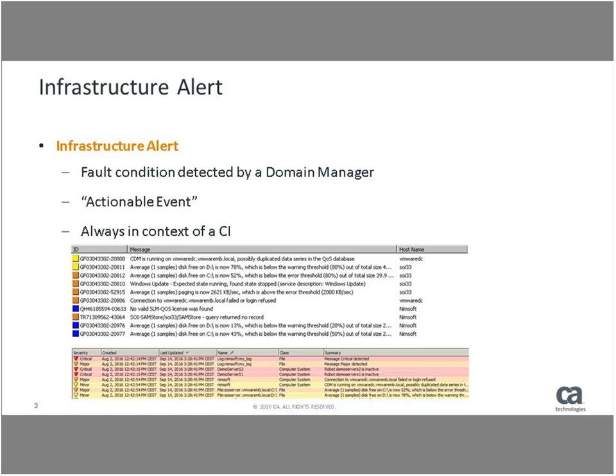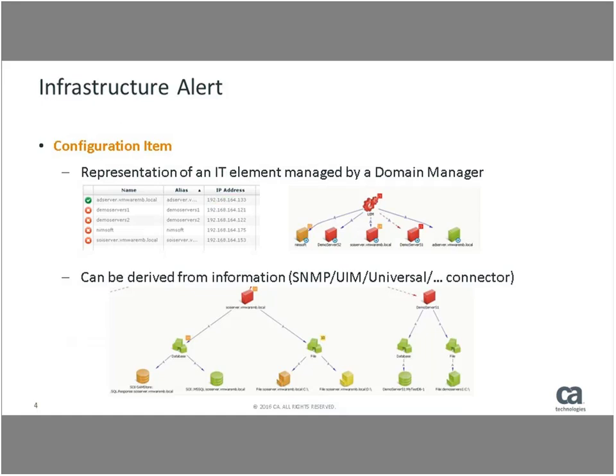But what is a CI really? And this is what I try to explain here. For most domain managers, for most monitoring tools, a CI is something like a device, some physical hardware, a server, a switch, a router, some network device, something on the device level.